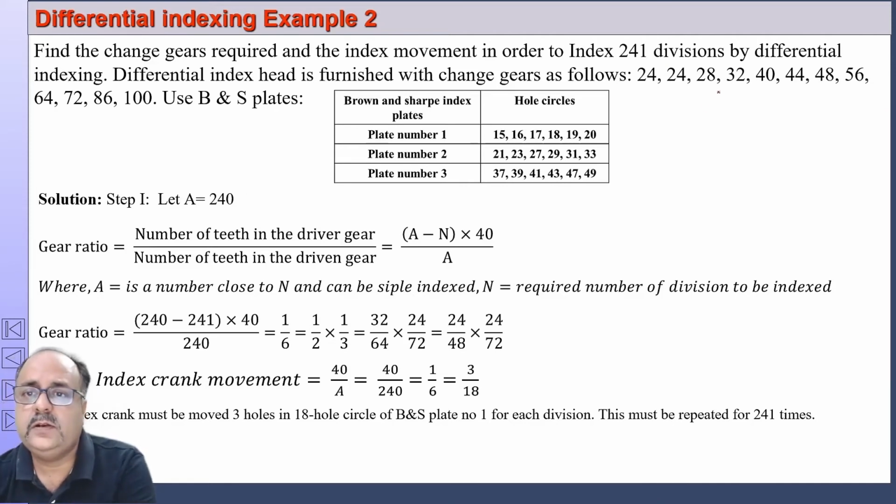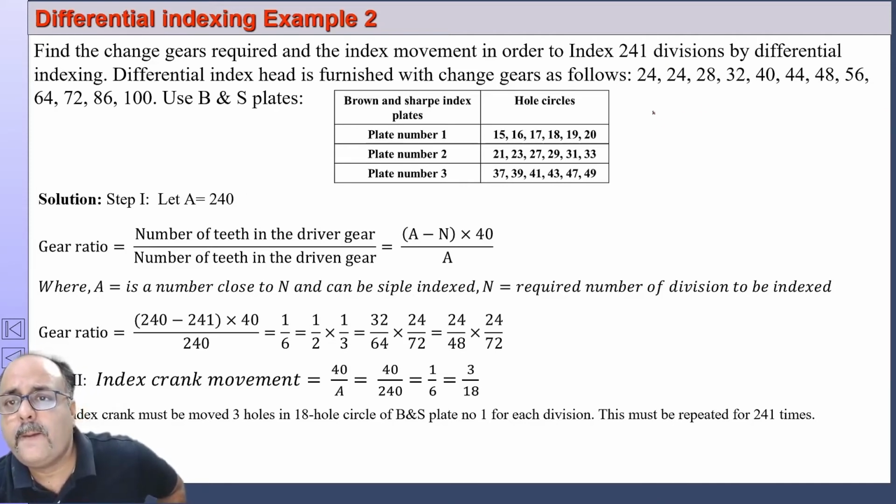A compound gear train will be somewhat like this. On the same shaft, we have 32 and 24.